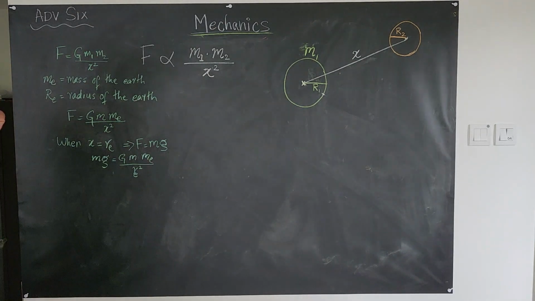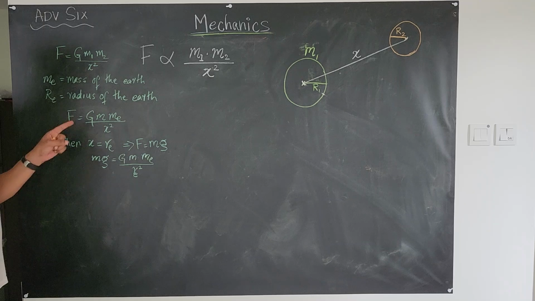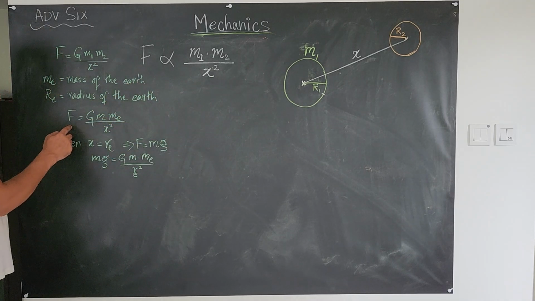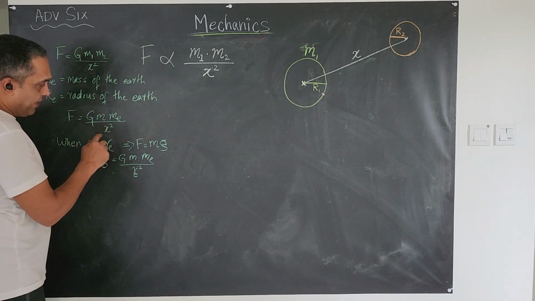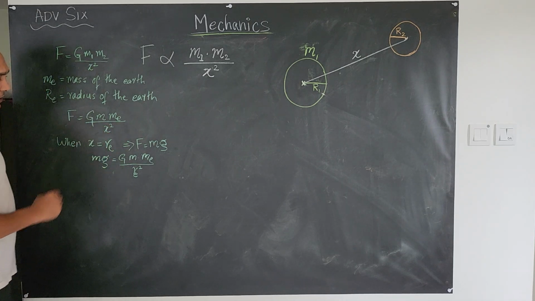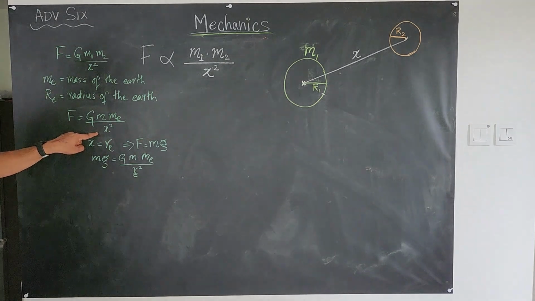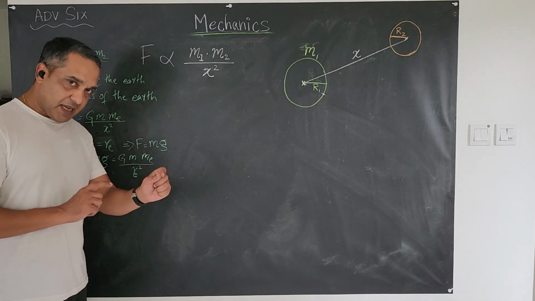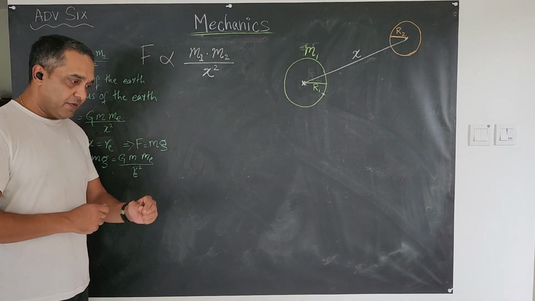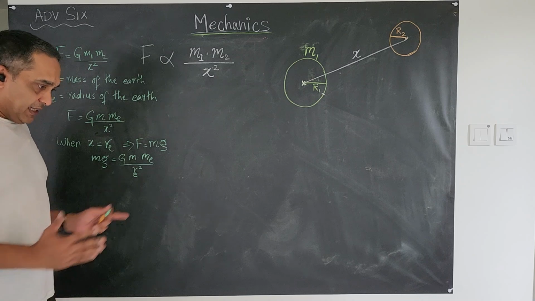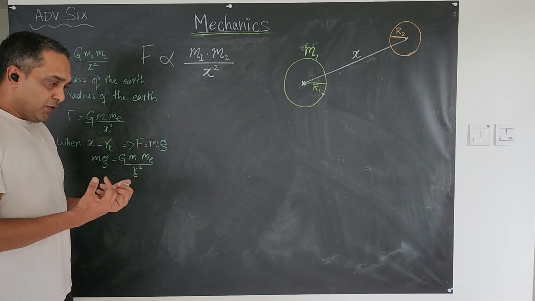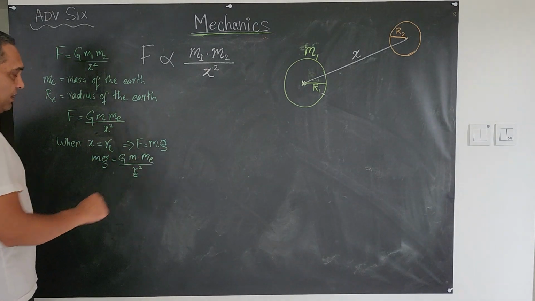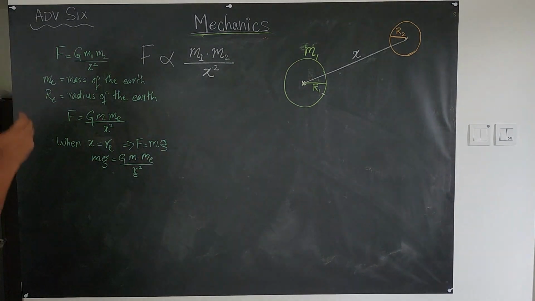Now I want you to think about this for a second. If you remember the proportionality and we made it into a constant, the only variable here is this distance, because the mass of the two objects would fundamentally not change. Well, there are cases where it would change, like a rocket, which as it's firing and losing fuel, its mass reduces, and then there is a greater equation there as relates to thrust.